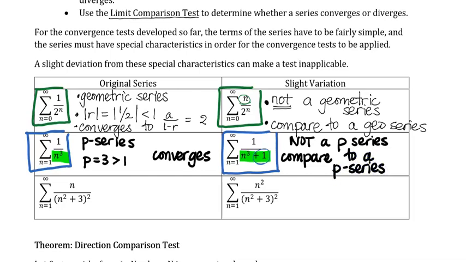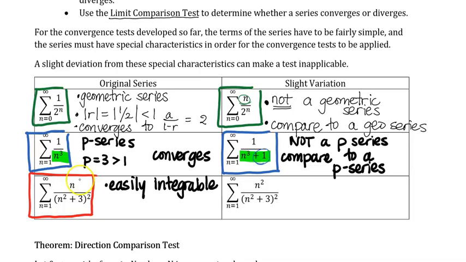And then finally, in the last row of this table, the series on the left, when I look at that series, the terms of that series are easily integrable, because just looking at this expression in here, I could integrate that rather straightforwardly with a u sub.